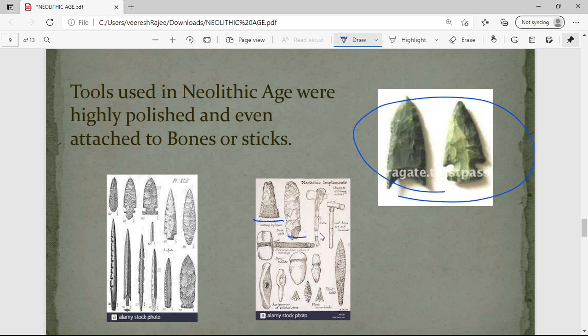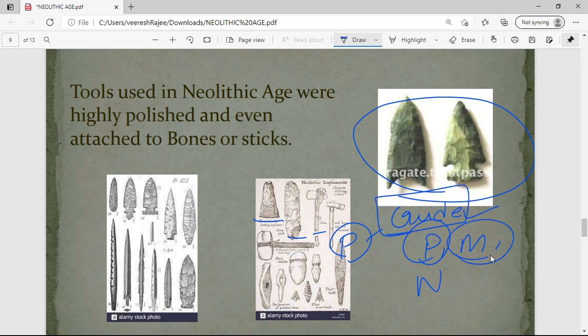Now we have to go through the tools which were used by these people. See the difference between the tools used by the Paleolithic, Mesolithic and Neolithic man. The Paleolithic man used very crude tools. The Mesolithic tools were very small, which is why the Mesolithic Age was also known as the Microlithic Age.